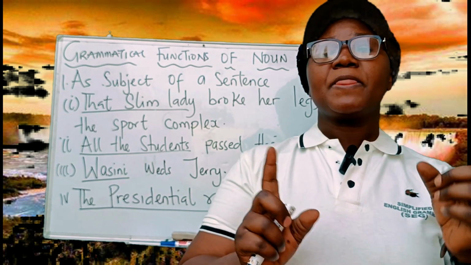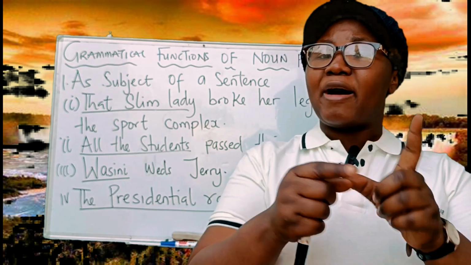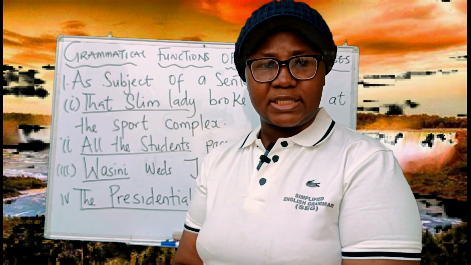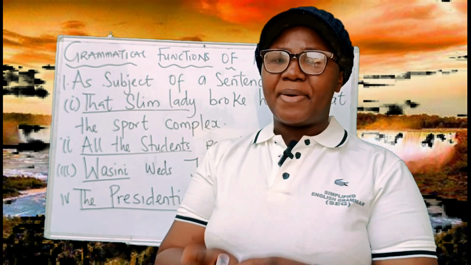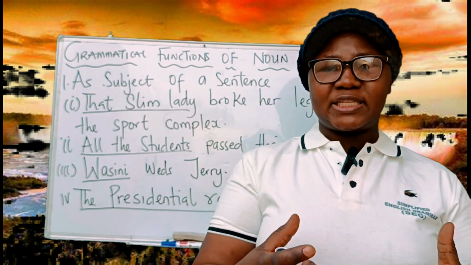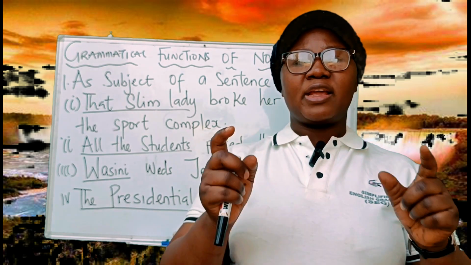Remember, we talked about the subject being the person that performs the action. So that action performed by the subject is being received by the object or being suffered by the object. Let's take some examples here to illustrate how a noun phrase can function as an object in the English sentence.